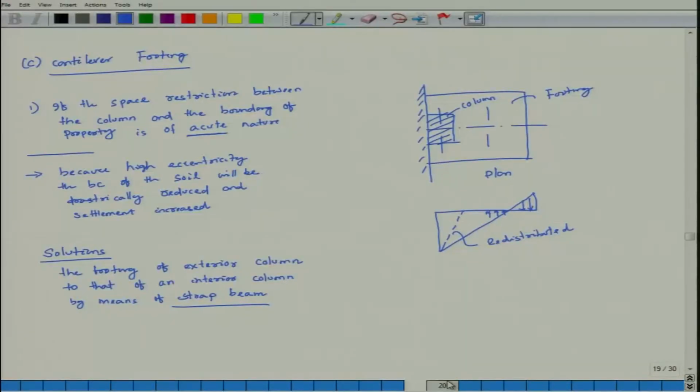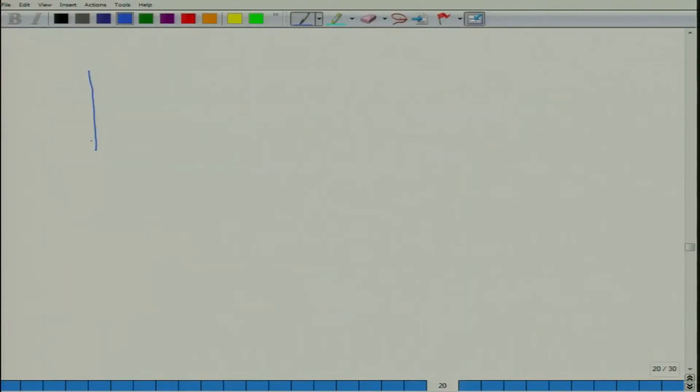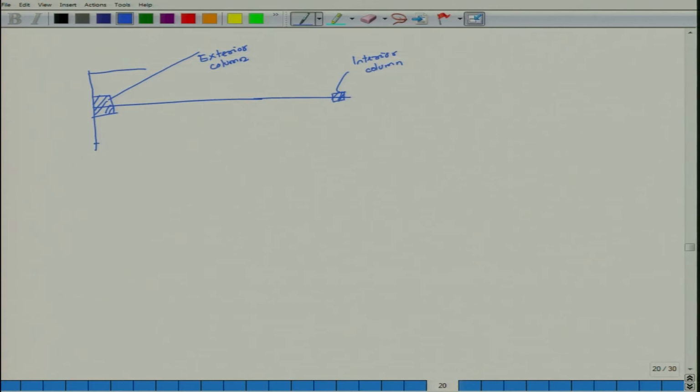If I write how your strap beam looks, this is your exterior column, and somewhere else is your interior column.